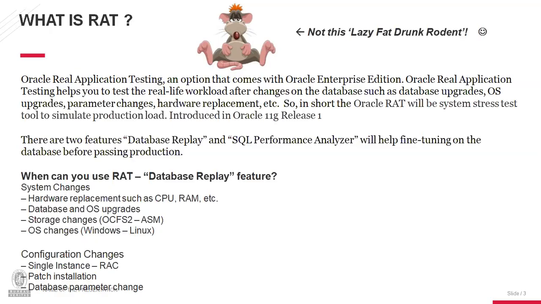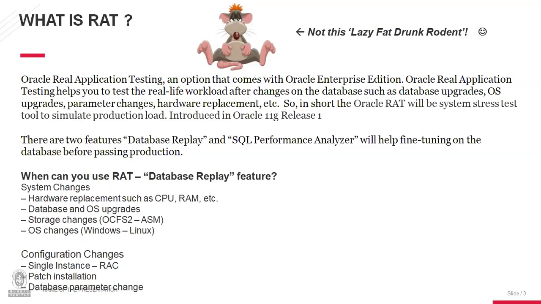It will not apply to the entire database, but only to specific SQLs. Again, I'm not going to cover SQL Performance Analyzer because that will complicate things. The agenda of this discussion is just to make you aware of RAT.